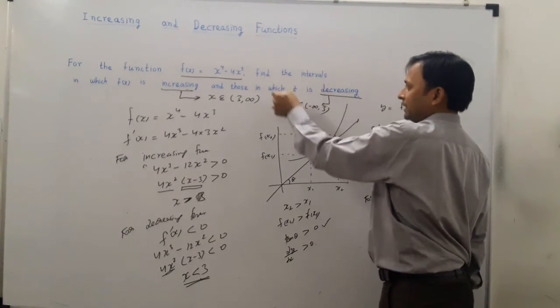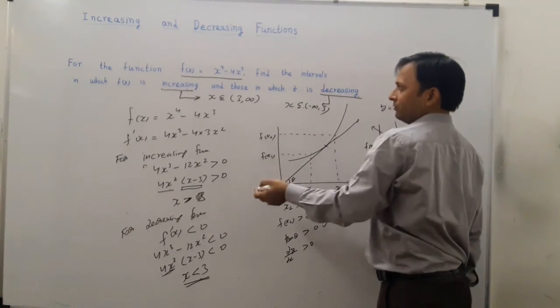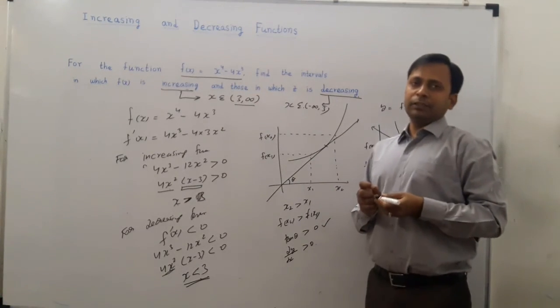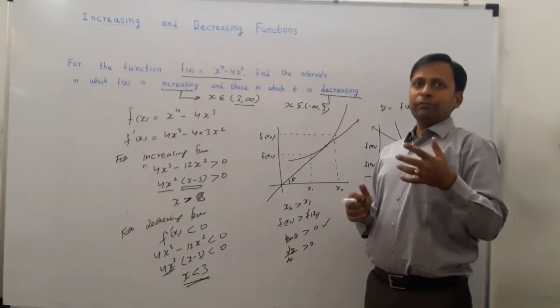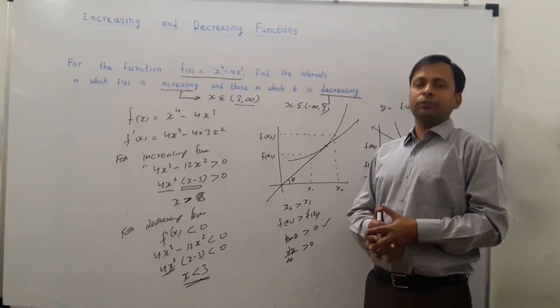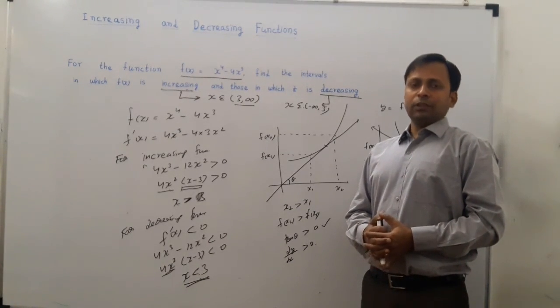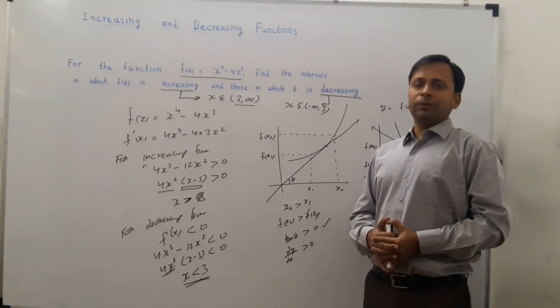So for all the values less than 3, the function will be a decreasing function. For all the values greater than 3, the function will be an increasing function. So this is the way we can solve certain questions related to increasing and decreasing functions. We can just do some practice based on problems related to increasing and decreasing functions.